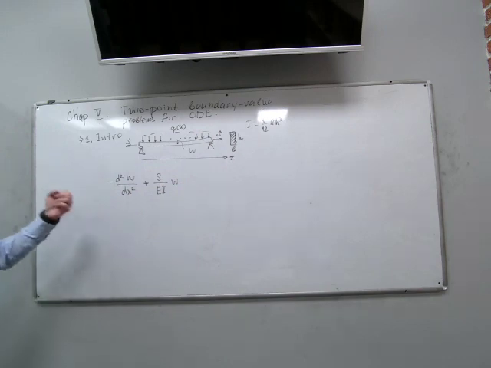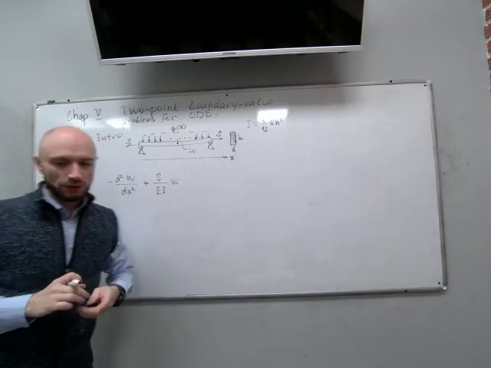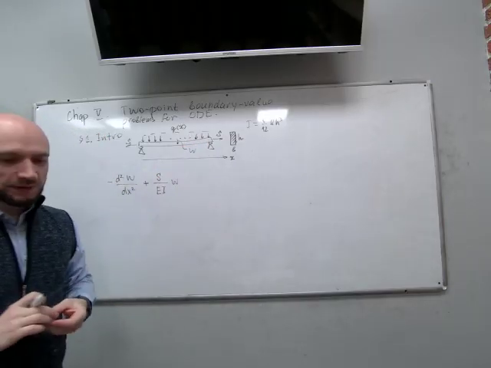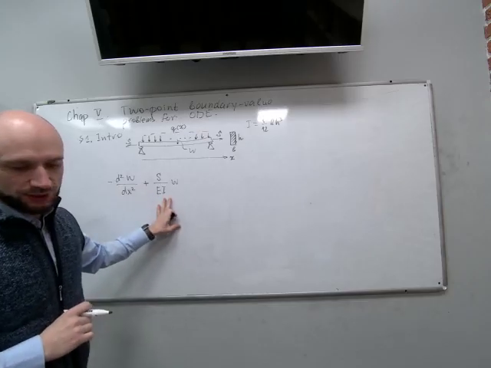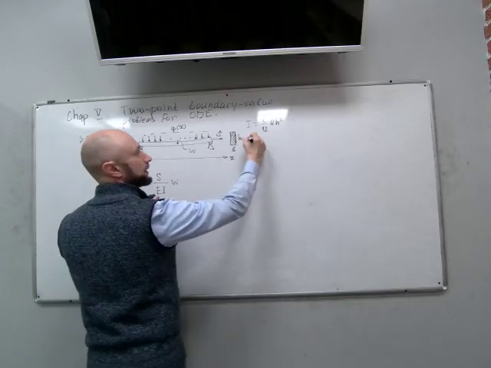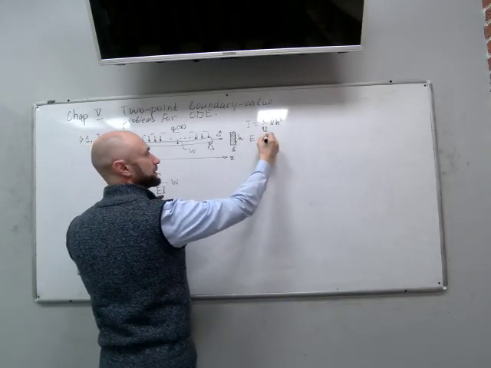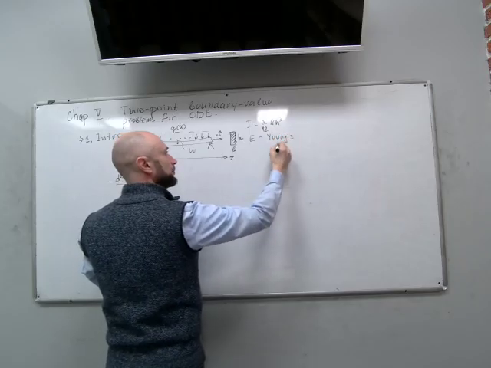Suppose we are applying a tension force on the edges of our beam. So if this force is present, then this term will be present as well in the equation. And E is another characteristic of the material. It is a Young's modulus.